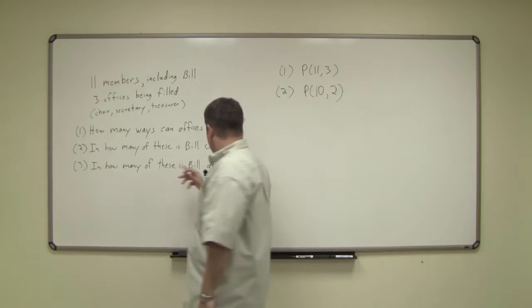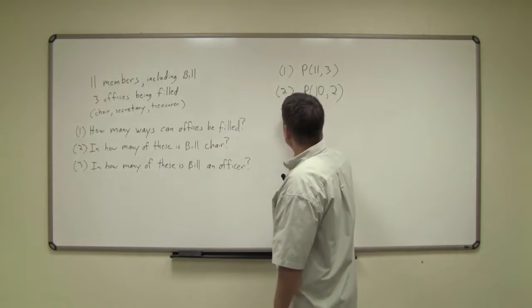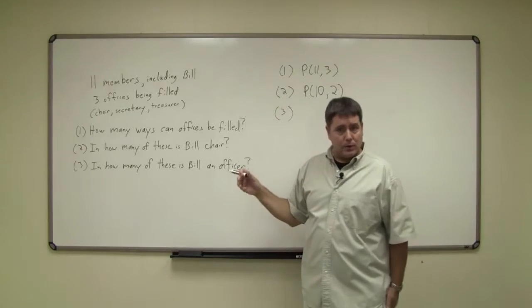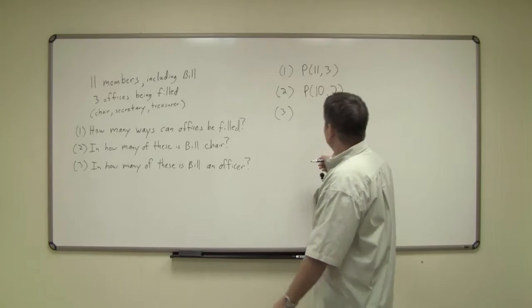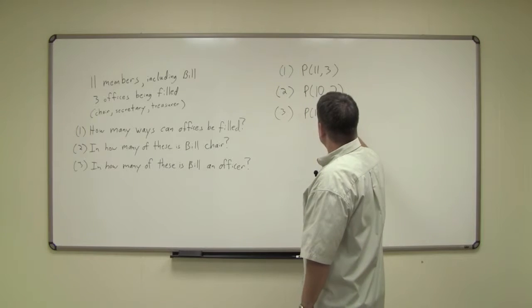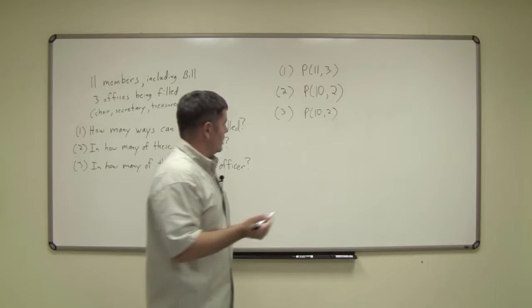All right, and in how many of these ways is Bill an officer? Well, this now no longer nails down what Bill is doing. So we have 3 different possibilities. Bill could be the chair, which we saw before, in which case we have 10 remaining people and we need to fill 2 of those.